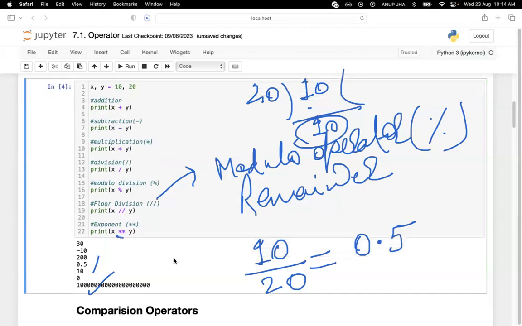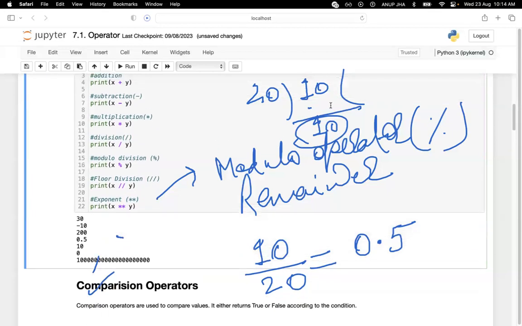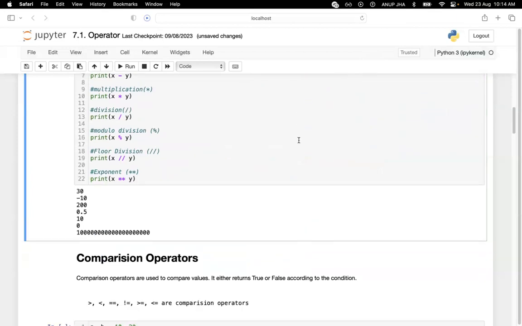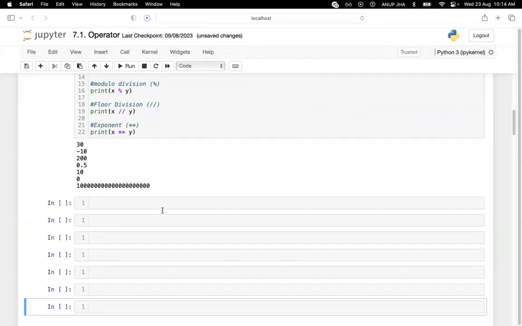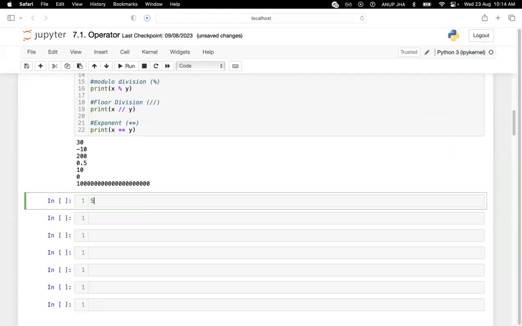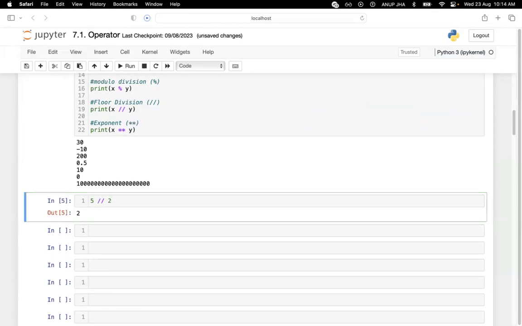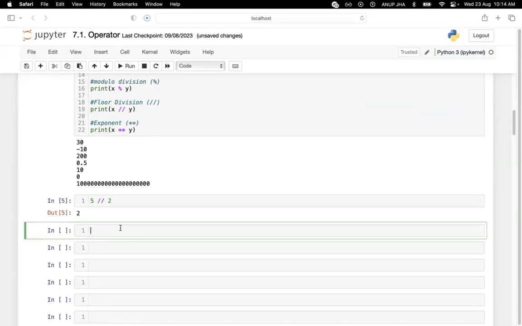So let's understand what is floor division. We will understand this by taking a few examples. Let's take 10 and 2.